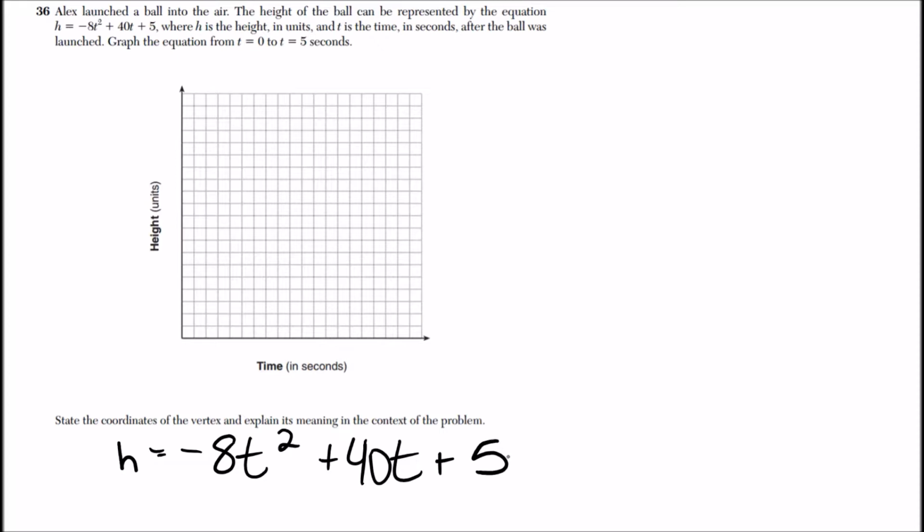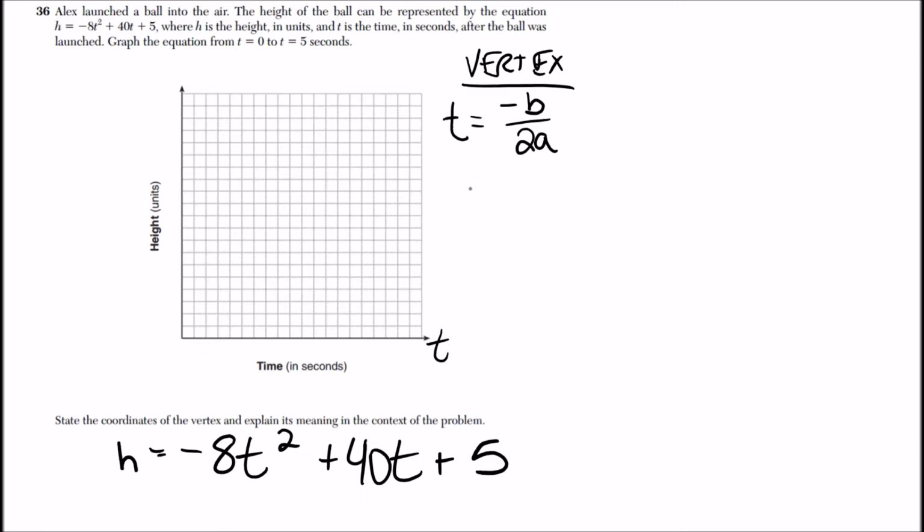All right, to find the vertex, what we're going to want to do is use this equation that, I'm going to say x in this case. X is equal to negative b over 2a. So we're looking for the x value here. Now, in our case, the x value is the same thing as the t value. So why don't we say t actually in this case.